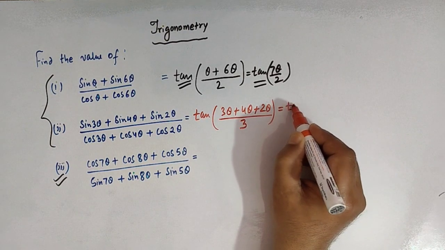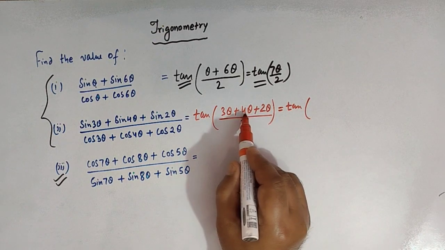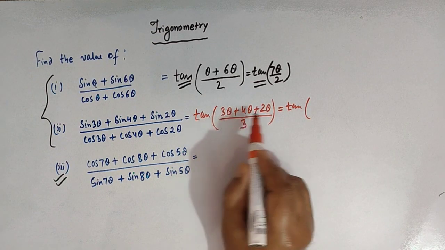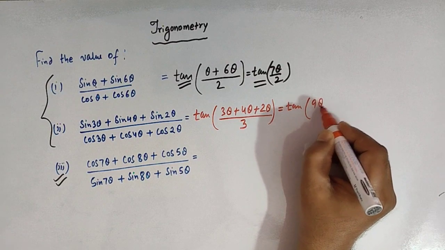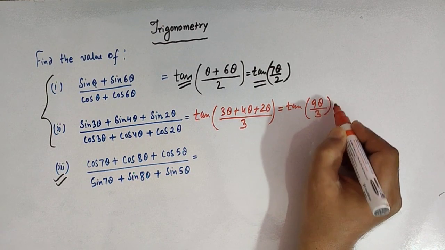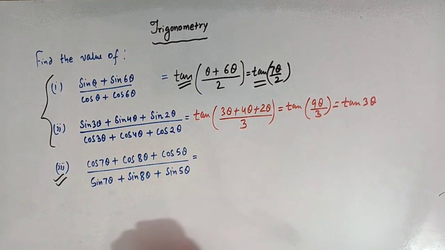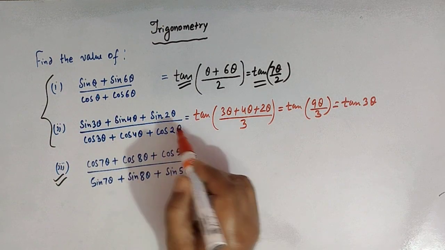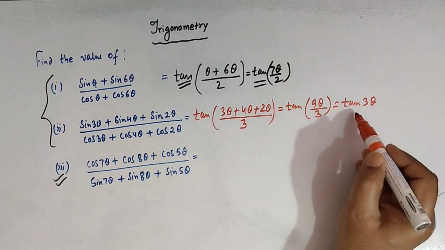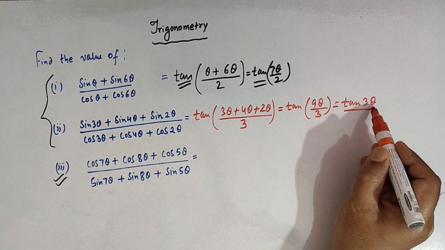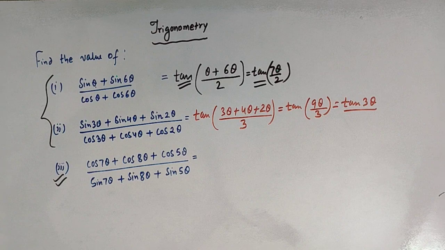So we can now write tan, and here we have 4 plus 3 is 7, plus 2 is 9, so we have 9 theta over 3, that is equal to tan of 3 theta, right? So the value of this expression is equal to tangent of 3 theta.